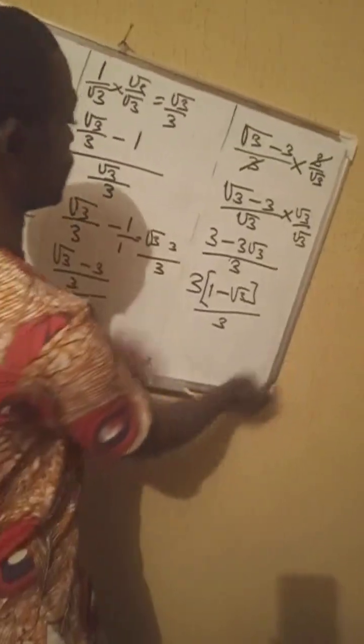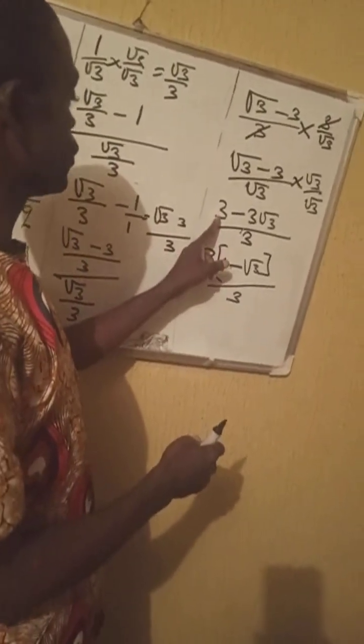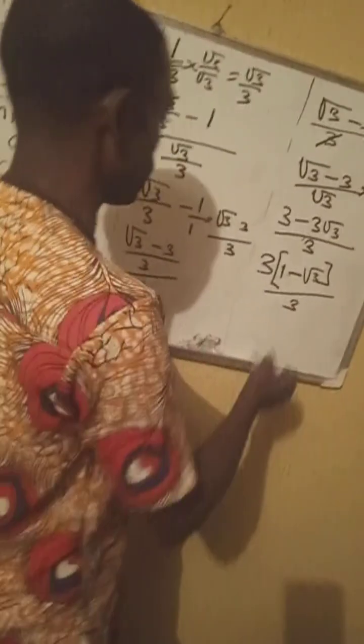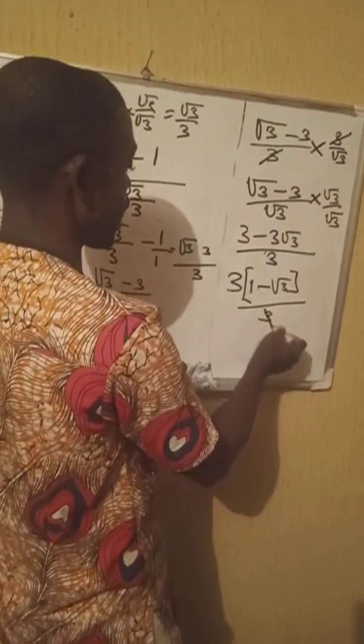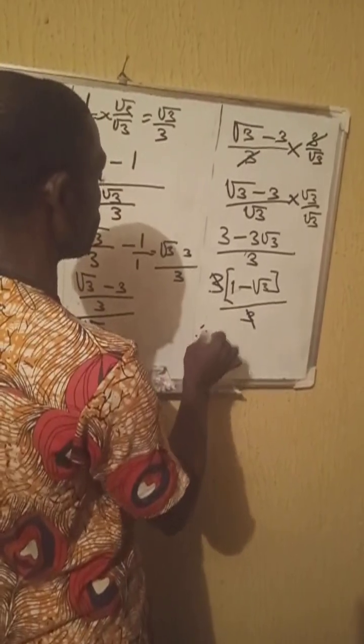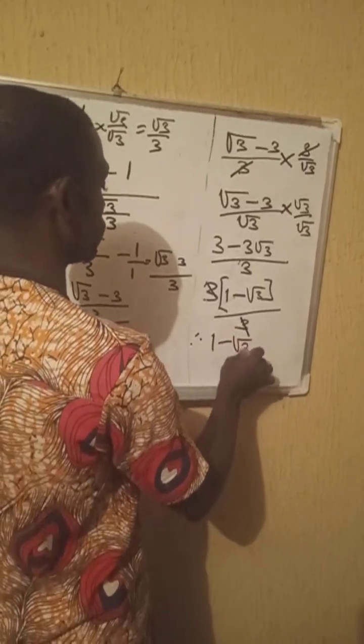Therefore, if I repeat, 3 times 1, I will have 3. 3 times root 3, I will have 3 root 3. Therefore, I will cancel to have 3 over 3. My final answer becomes 1 minus root 3.